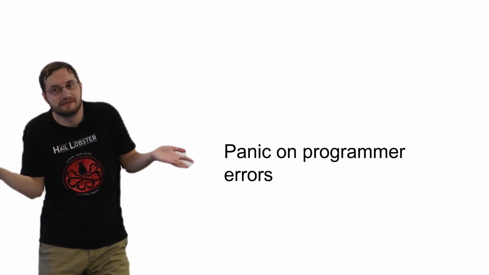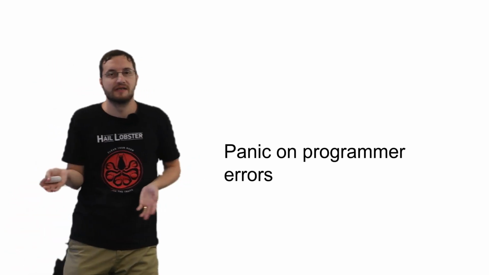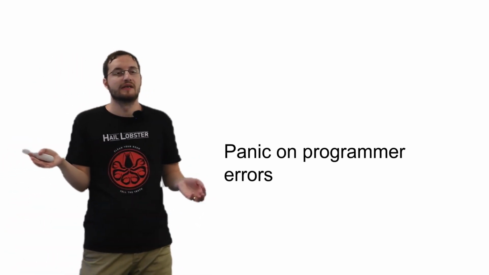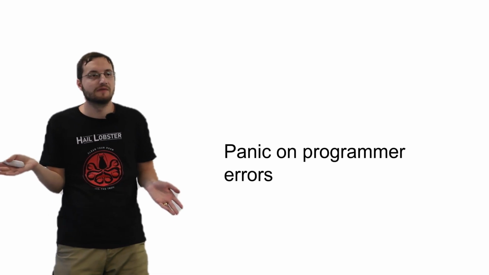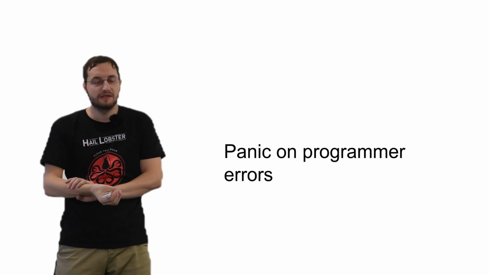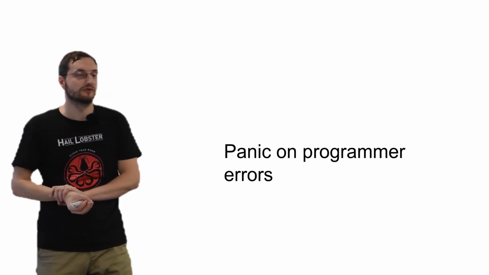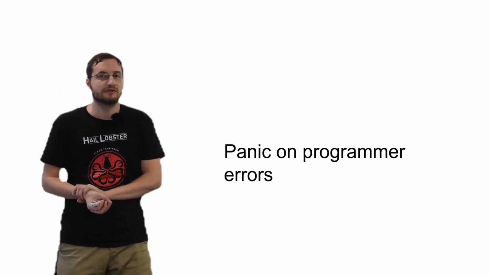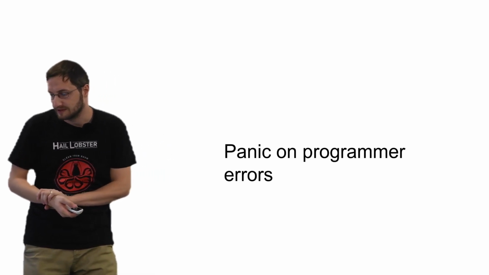How will they fix it? There is no way to fix it. It's just a programmer error, and you are just wasting everyone's time if you are returning this error. So for these kinds of things, you should panic. But of course, you should try to write your code such that you don't need to do it in the first place.